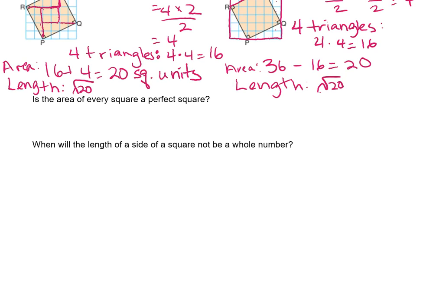So is the area of every square a perfect square? Well, we just looked at a square, PQRS, whatever you want to call it, that is clearly a square, but its area isn't a perfect square, so no. When will the length of a square not be a whole number? It will be exactly when the area is not a perfect square.